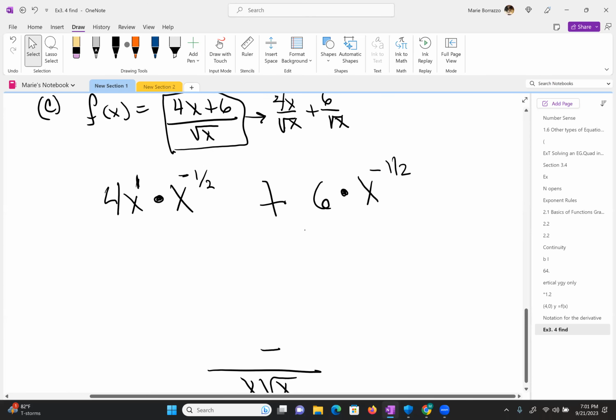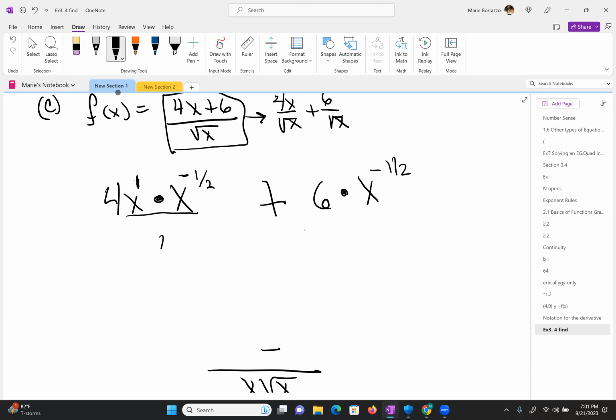Yes. Okay. Now, if I combine like terms, I have an x to the 1 times an x to the negative 1/2. So this actually becomes 4x to the positive 1/2, right? Because 1 minus 1/2 is 1/2. When you multiply like bases, you add the exponents, don't you?